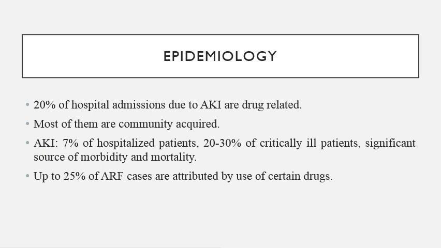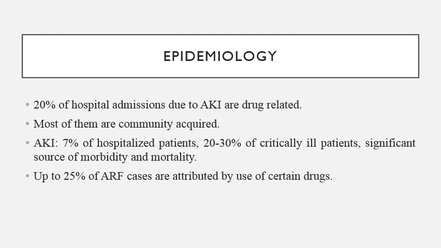If we discuss the epidemiology, it has been observed that of the admissions into hospitals that are coming from the community, 20% of those patients are suffering from acute kidney injuries, and these are related to drugs.